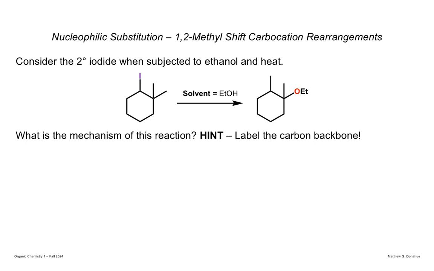So let's look at this question here, where we have a secondary iodide treated with ethanol. And again, when you look at those conditions and diagnose it, the secondary is sort of the red flag about whether it's going to go SN2 or SN1. And then you further diagnose the conditions.